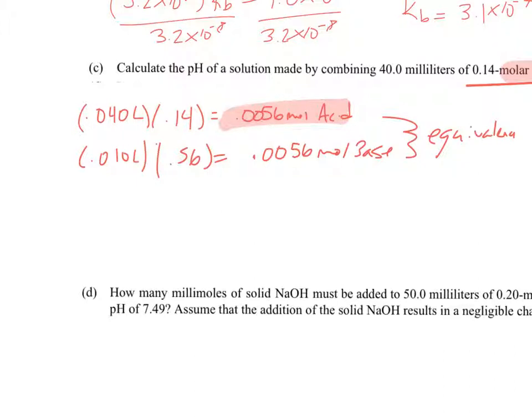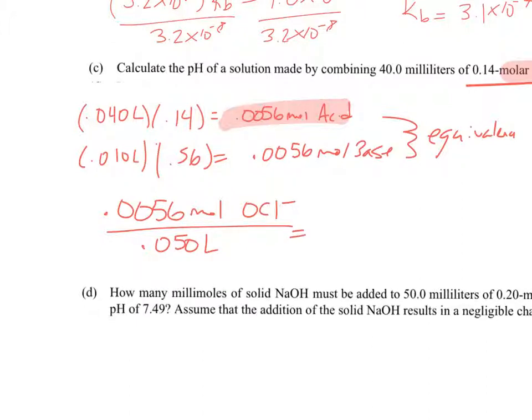So if I neutralized 0.0056 moles of acid, then at equivalence, I have 0.0056 moles of the conjugate base, which is the OCl- ion. But I want to get the new molarity of that, and I have 40 milliliters plus 10 milliliters is 50 milliliters. So if I take the moles and divide by the liters, I get the new concentration of 0.112 molar.